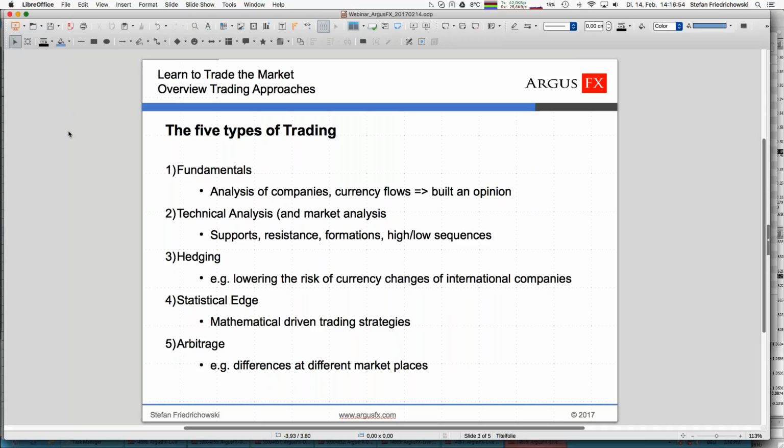The first one to mention is what is always called the fundamental approach. There are different sub-disciplines of that. For me, everything is quite similar. Let's start. What is a fundamental approach? For example, you do an analysis of a specific company.